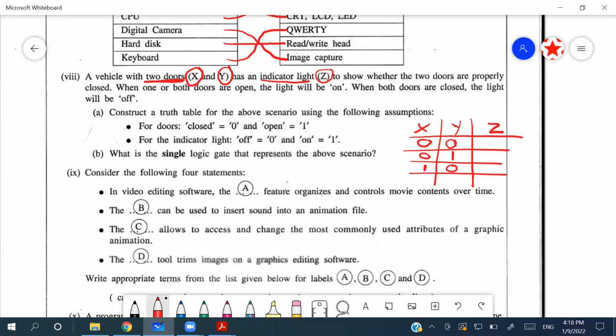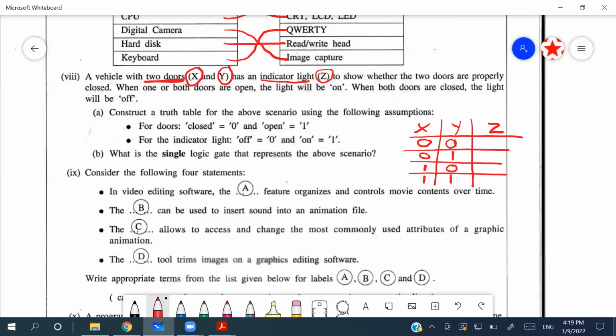I'm sorry, I have mixed up the zeros and 1s. First one says both the doors are closed. Second one says the door X is closed, Y is open. Third one says door X is open, Y is closed. Last one says both doors are open.